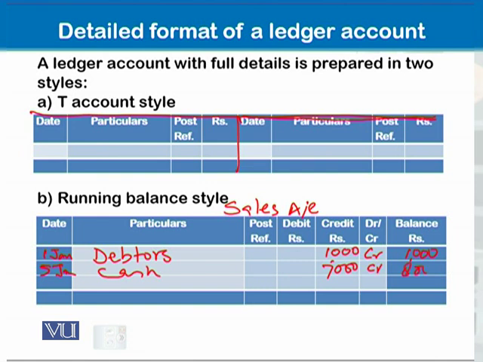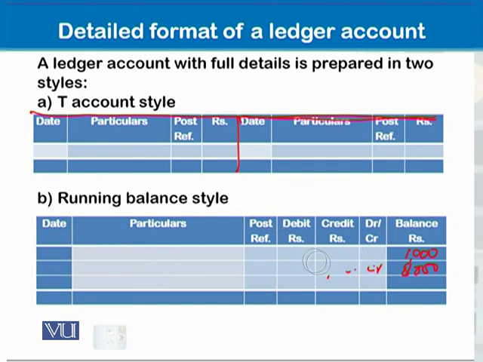So the balance of 8,000 will be here. Or if you want to prepare the cash book in this running balance style, since we have already learned the cash book, just write cash account or cash book over here.